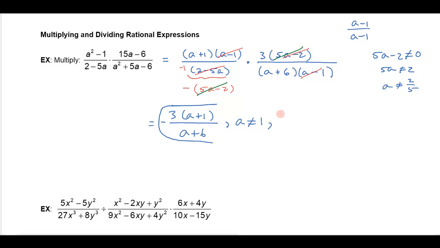So to be perfectly exact, if I want to say that these are true equal signs between here, I should, when I cancel the a minus 1, make the distinction that a can't be 1, and likewise here, a can't be 2/5, right? Because if a was 2/5, 5 times 2/5 would be 2, and 2 minus 2 is 0, and the same thing would happen down here. Okay, so this would be my answer to that one.